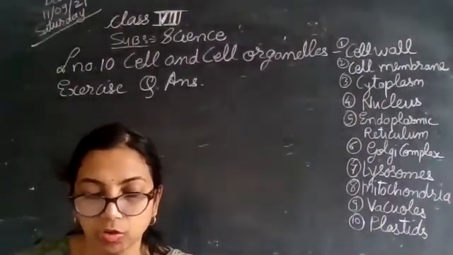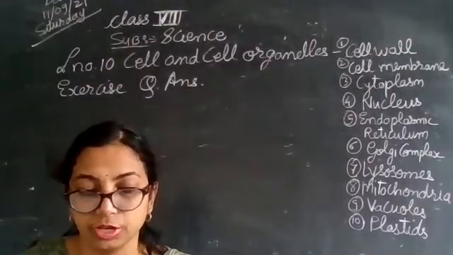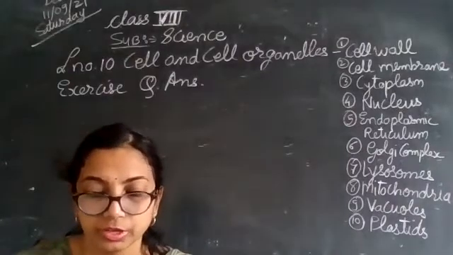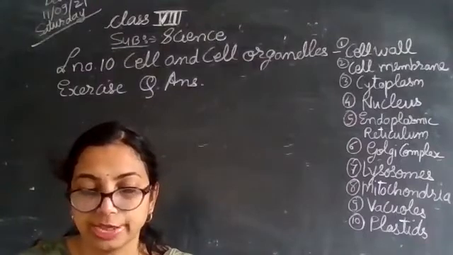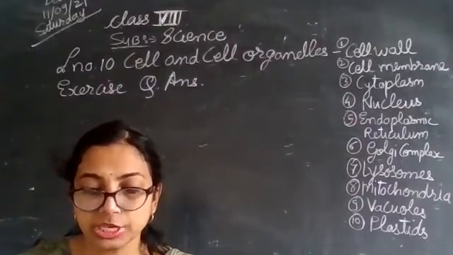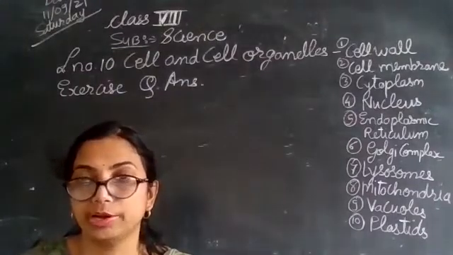Then the next question is, what would have happened if. The first question of this type is, RBCs had mitochondria.